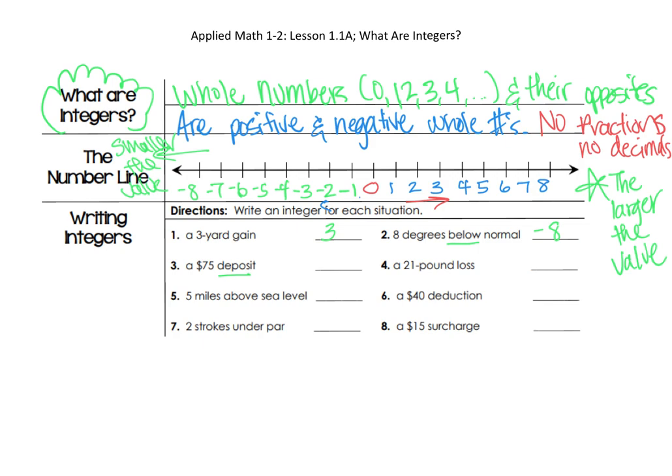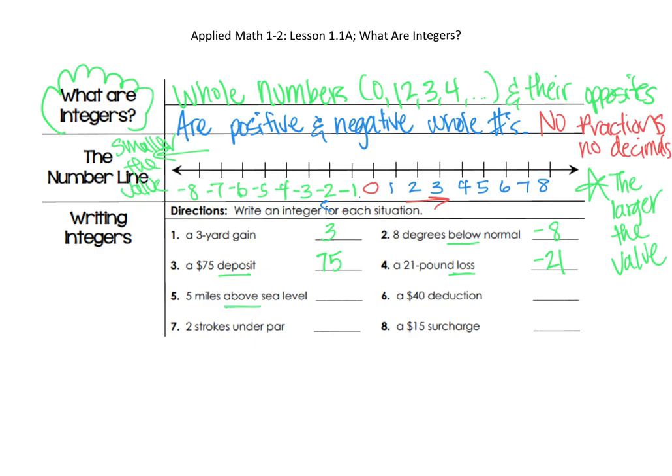When you deposit money into your bank account, the amount in your bank account goes up, it increases, so this 75 would be positive. Number 4, a 21-pound loss. Now, if you're trying to lose weight, that loss would be a good thing, but loss means to go down. So negative isn't bad in this situation, it just means that our amount got smaller, so -21.